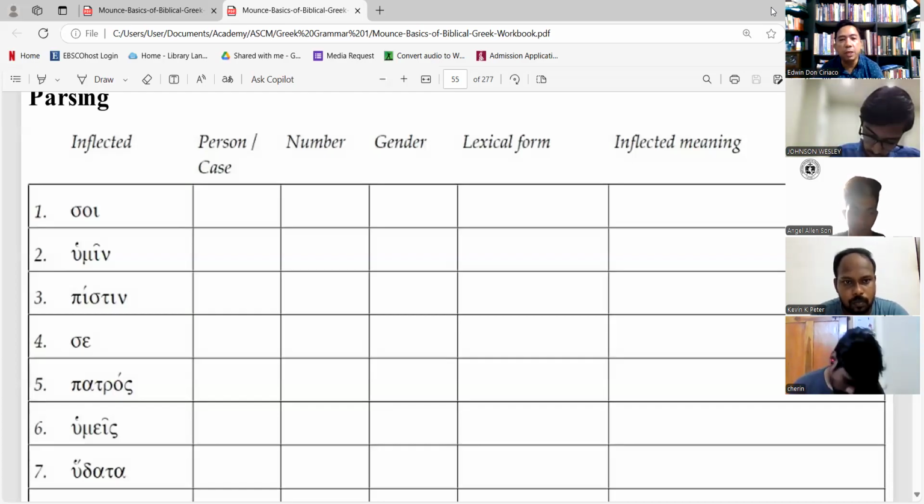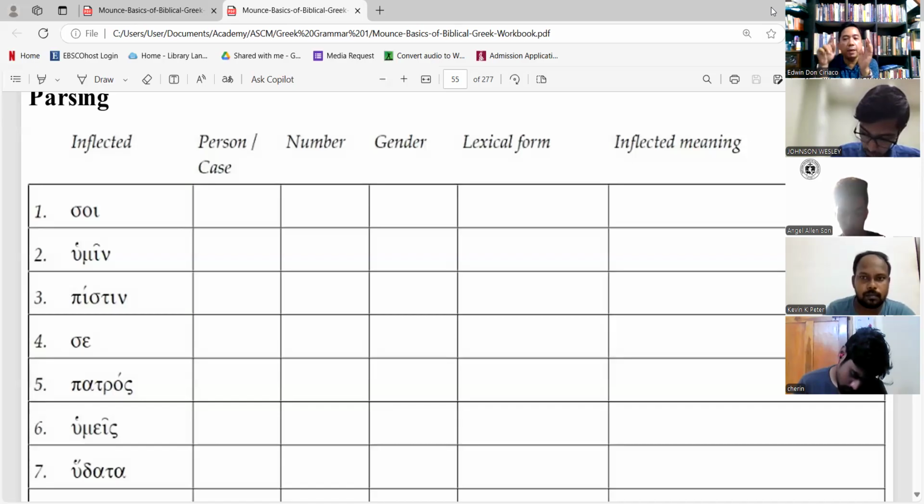And then inflected meaning, so it's a dative, to you, but plural. So sometimes you're going to attach the parenthesis PL to indicate that it is plural, okay?